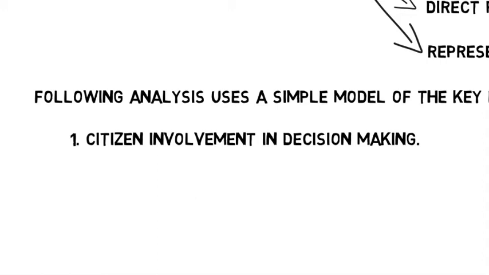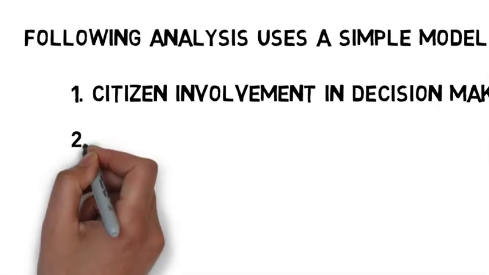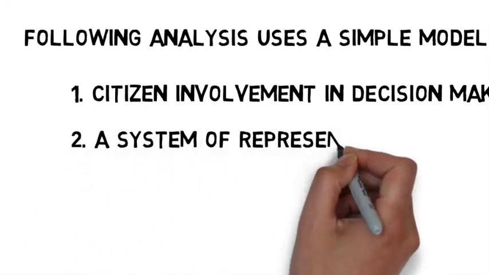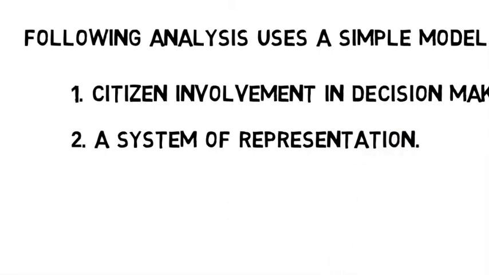Second very important point is it is a system of representation. Yes, as we have spoken about earlier, democracy in today's world is nothing but a system of representation. We elect our own members, a member of legislative assembly or sometimes even a member of parliament, and these members, once they get into the system, will represent our issues, they will represent us as the people of the state or a society.